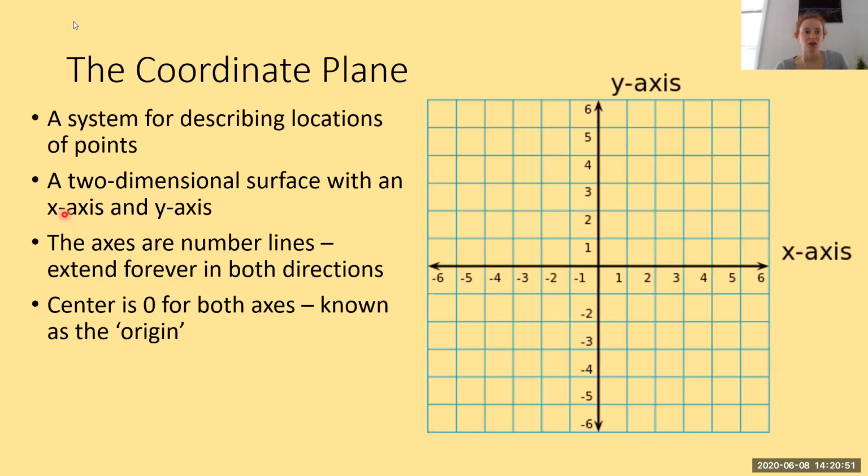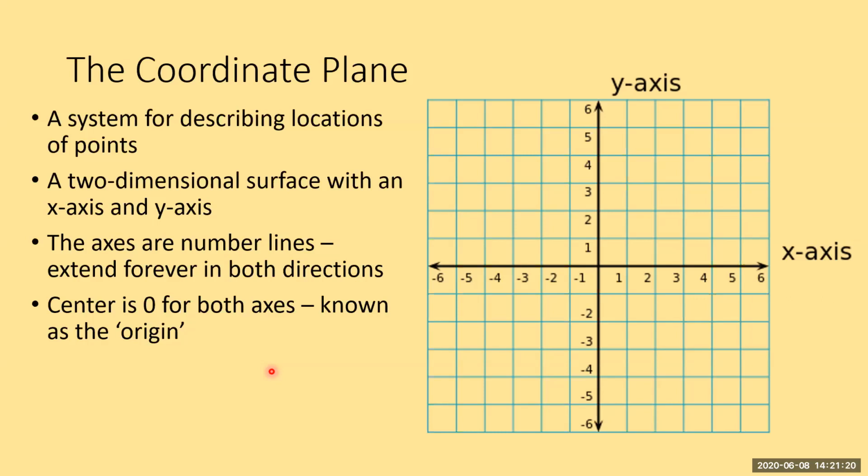All right, so we're going to start off here by talking about the coordinate plane. When we talk about functions and graphing, we make a lot of use of the coordinate plane. The coordinate plane is a system that we have in math for describing the locations of stuff, usually the location of what we call points.